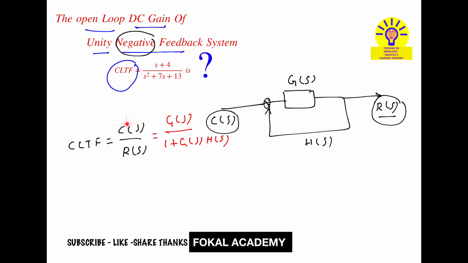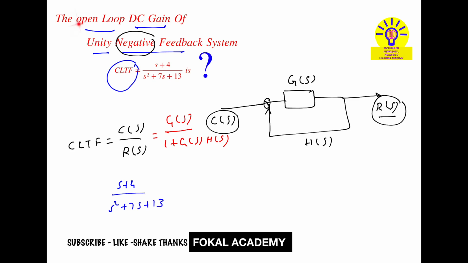The ratio of output by input is called a transfer function. It gives the relation between input and output. This is nothing but the closed loop transfer function, given as (s + 4) by (s square + 7s + 13). Substitute here, then we get (s + 4) upon (s square + 7s + 13).